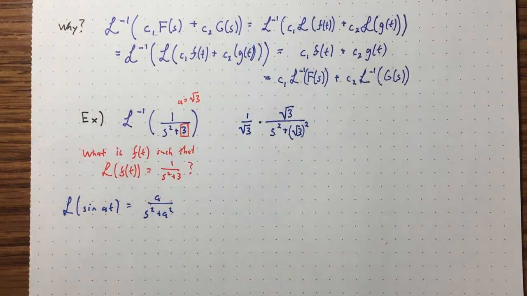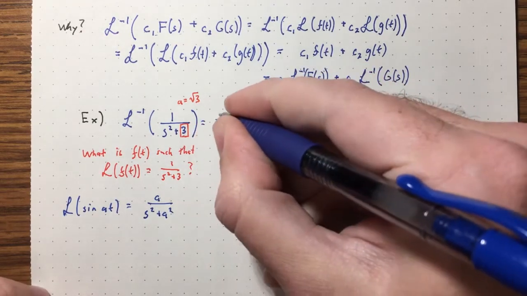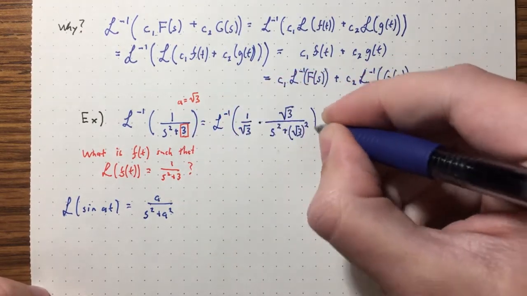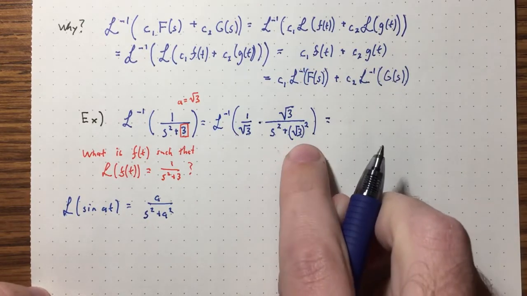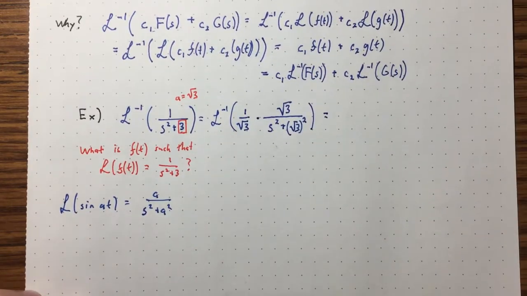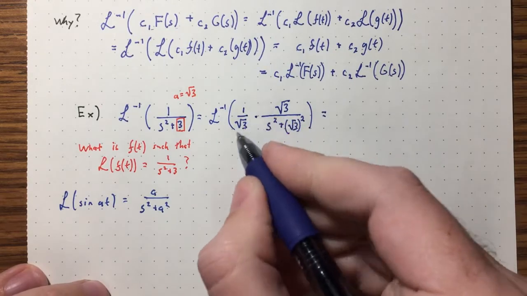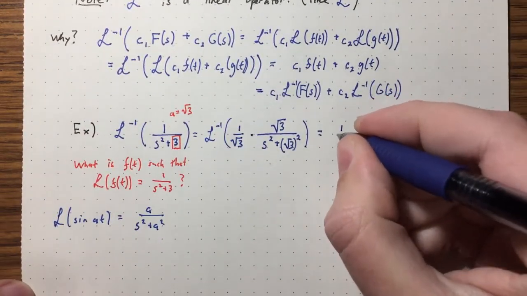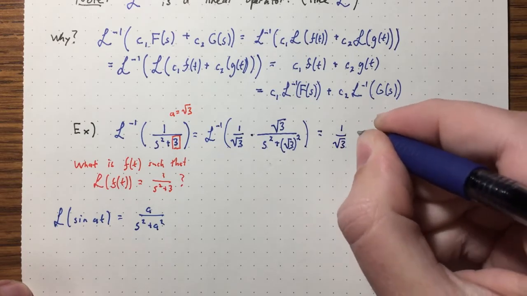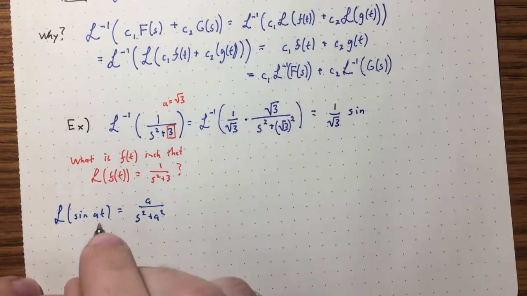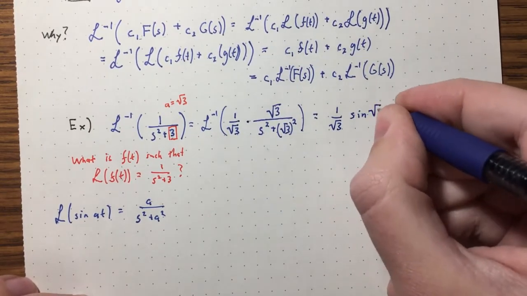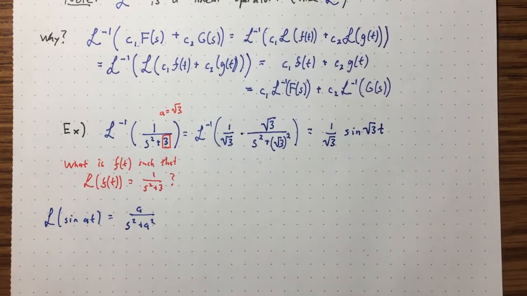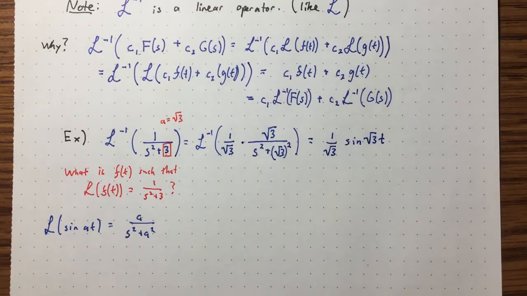Okay. So this is the inverse Laplace transform of this. And now this is exactly in this form. Notice I'm just multiplying by a constant, but this is a linear operator. So it's just going to be 1 over square root of 3 times sine of at. So sine of square root of 3 t. Great. So we did our first inverse Laplace transform.